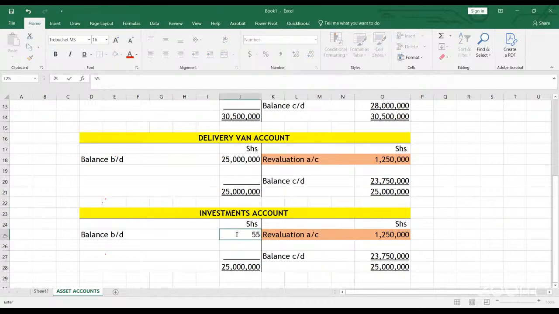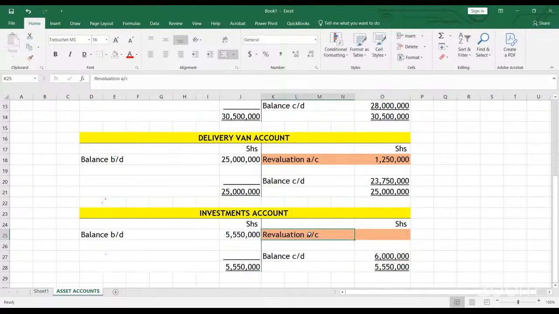It's 5.50. Revalued to how much? 6 million. Revalued to 6 millions. Yes.